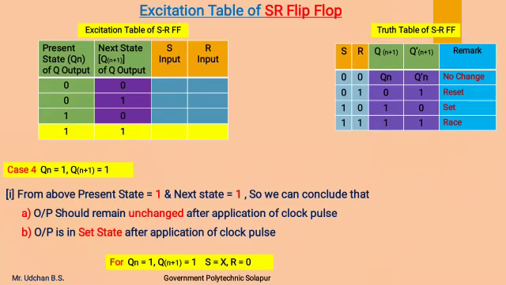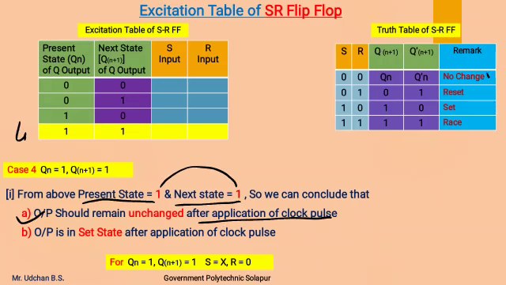Now we will see the last case, fourth case, in which Qn is 1 and Qn plus 1 is also 1, that is present state is 1 and next state is also 1. So from this also we can conclude in two ways, that is output is not changed, means 1 remained as a 1 after the application of clock pulse.